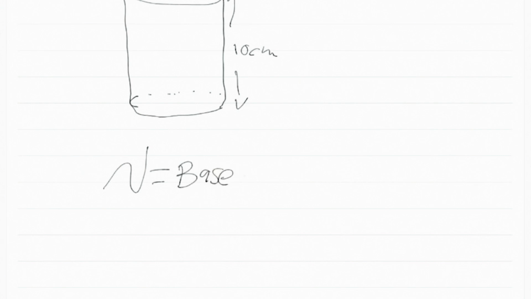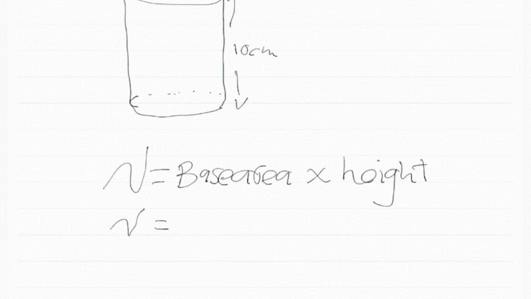Calculate its volume. Now, how do we calculate volume? Volume of a cylinder is calculated as base area times height. Now, from there you can see that the base of this cylinder is a circle whose diameter is 7 centimeter.